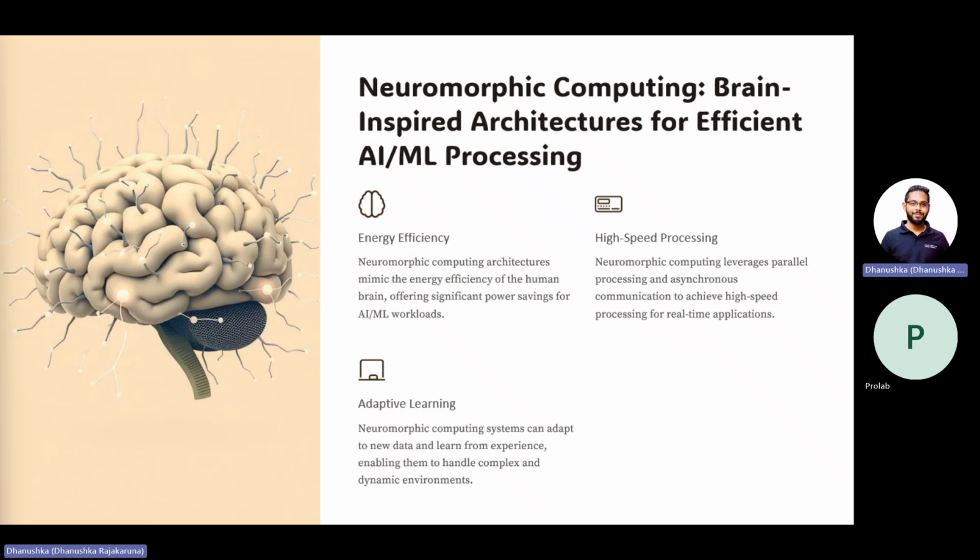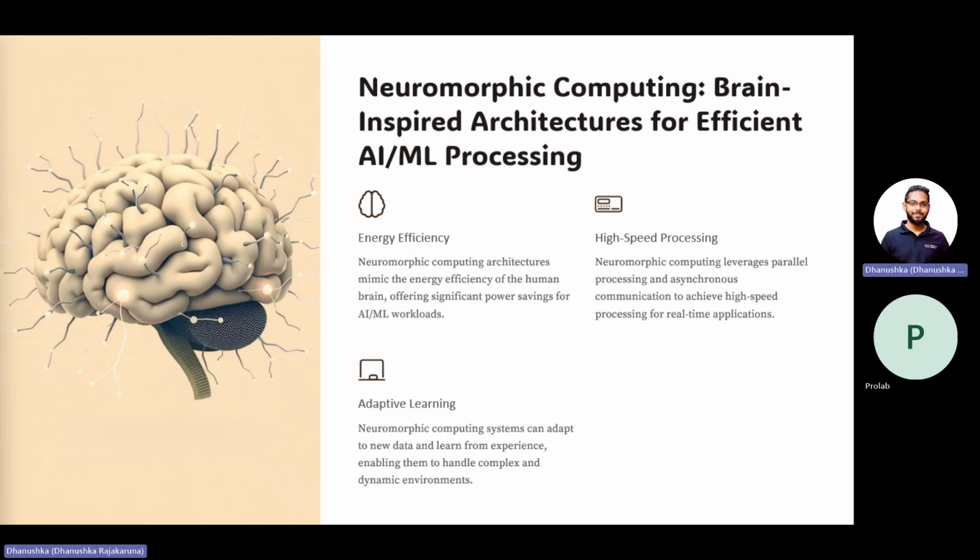The applications are Edge AI, enabling AI processing directly on device, reducing dependency on cloud computing. Example, real-time image recognition on smartphones or IoT devices.